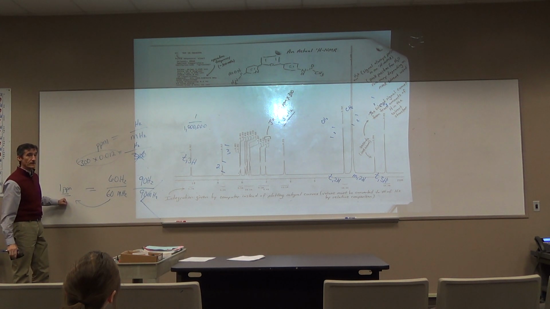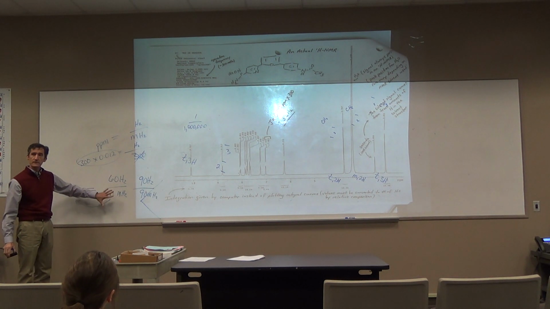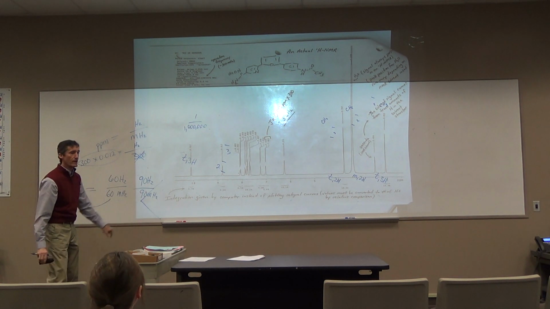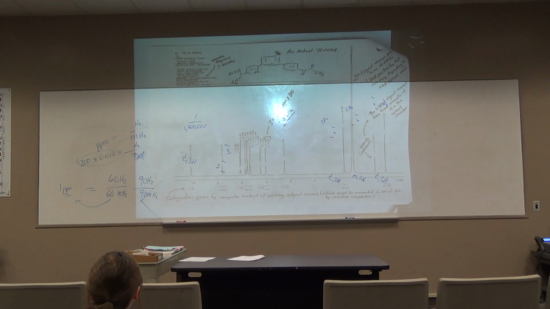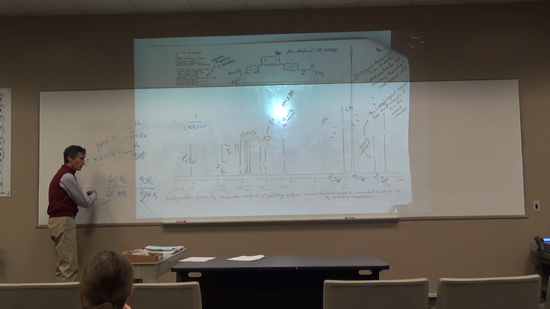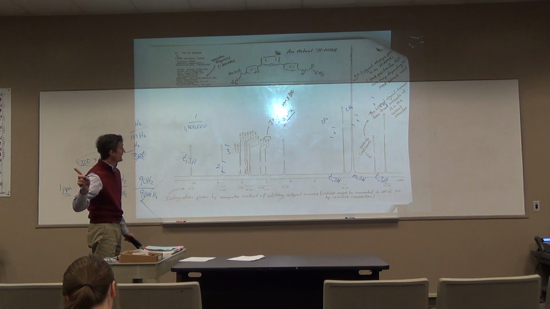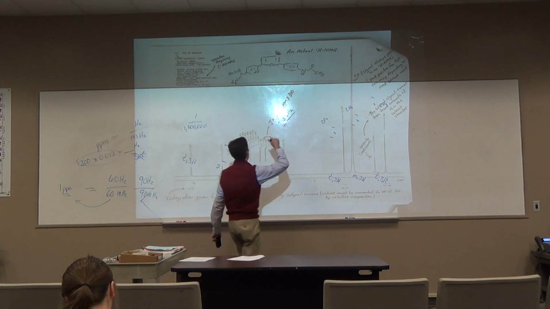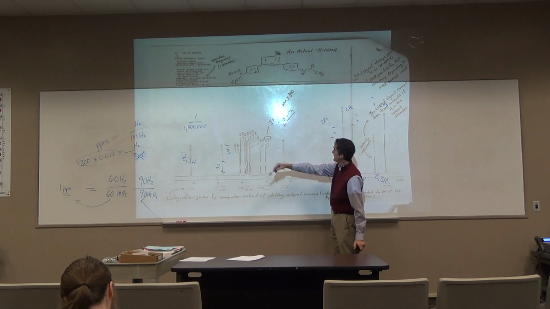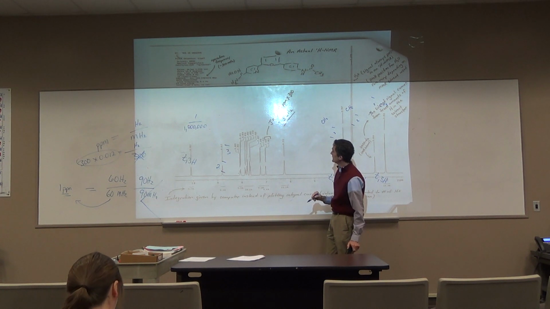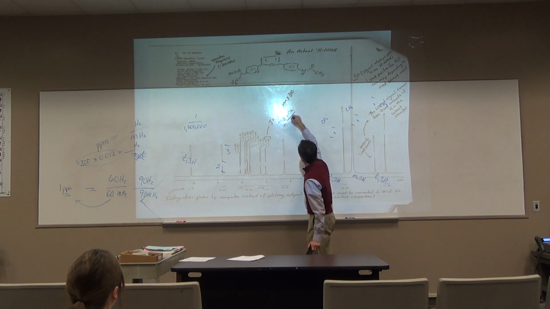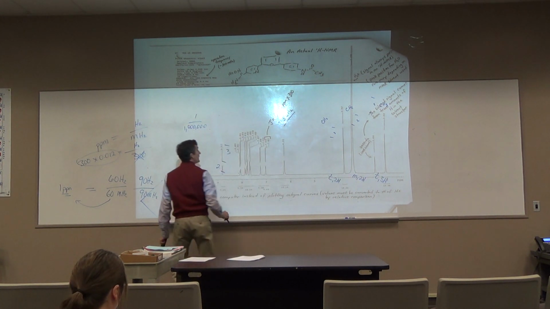Your ratio is constant. It's normalized, like when we did polarimetry in organic 1. So once you do the math, you get 3.6 Hertz. And J values are presented in Hertz.